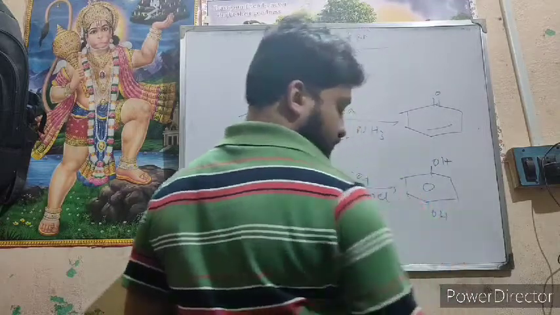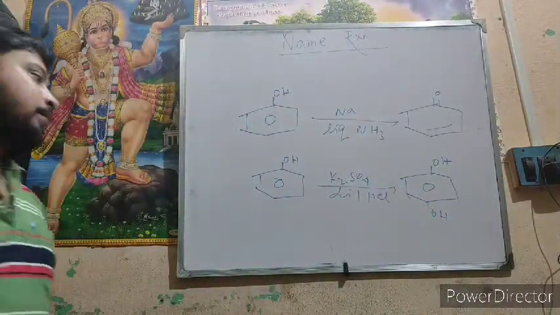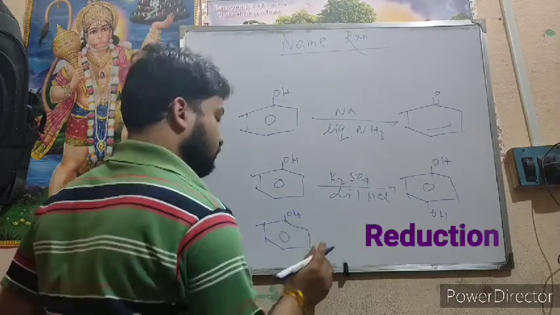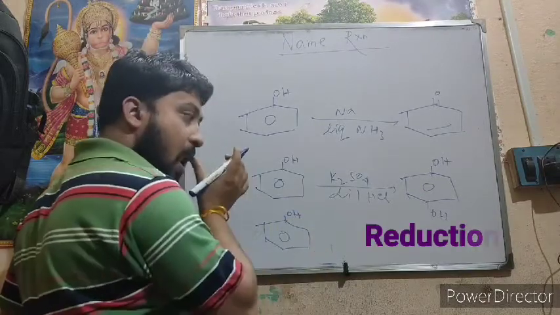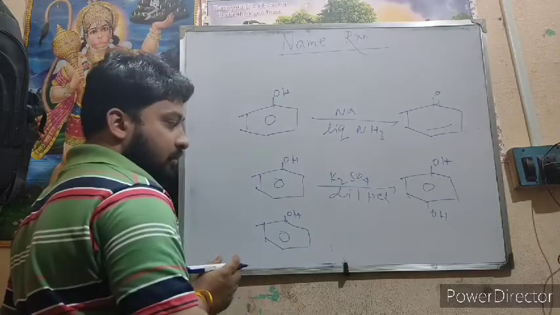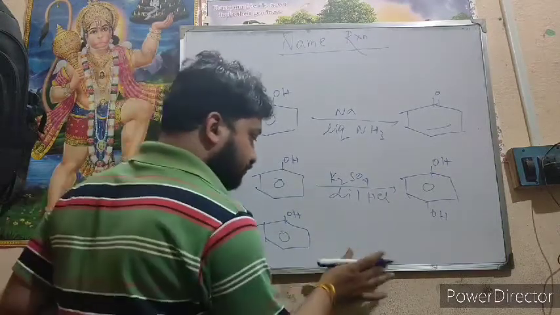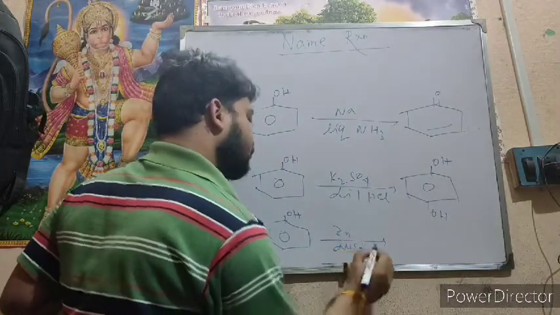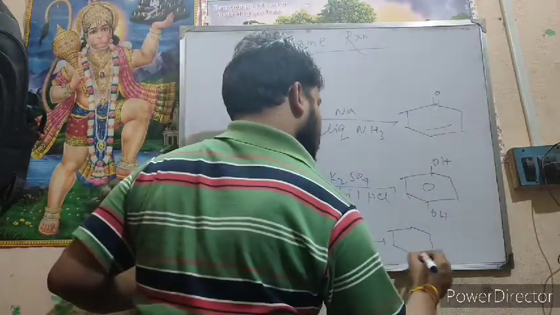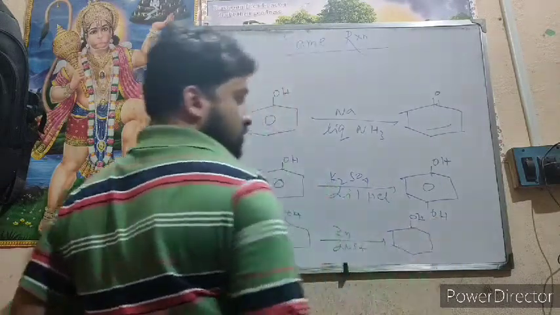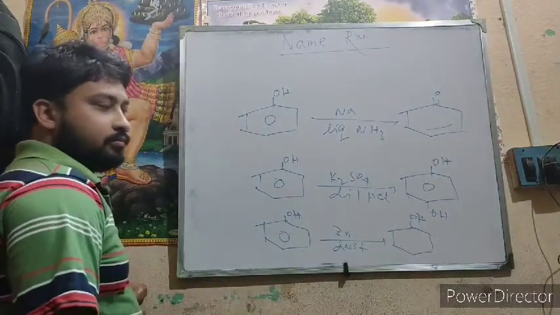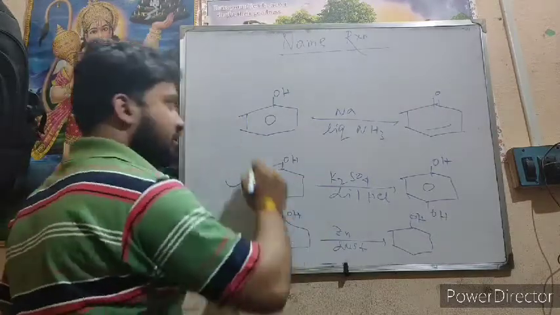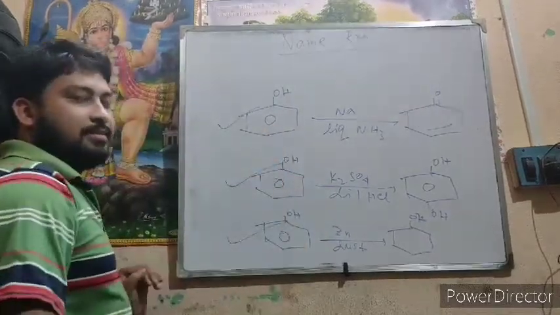So this is oxidation. If you take reduction, with the help of Zn dust, you get cyclohexanol. This is oxidation, this is reduction, this is the Birch reaction. Very simple.